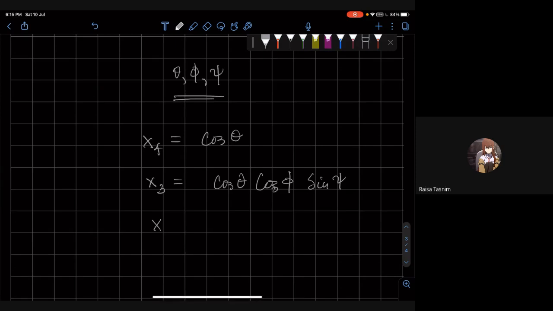I forget what the exact parameterizations are, but you can find this. You can find basically 3 angles, which is going to parameterize the 3-dimensional sphere.